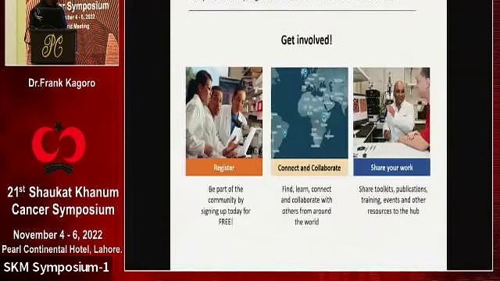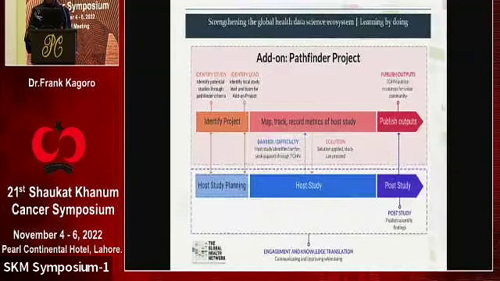Therefore, if you feel you could be involved, we also create user-friendly tools to help people throughout the journey. I'll give you an example of what Trudy mentioned, which is Pathfinder projects.